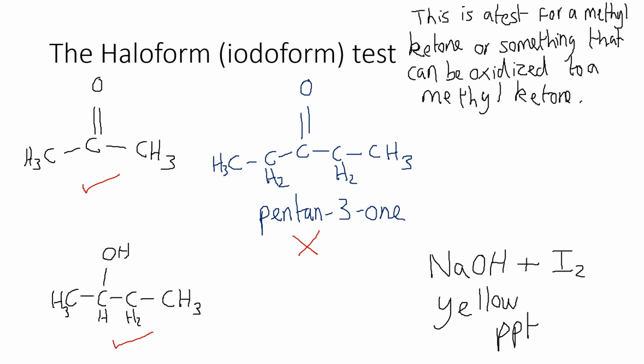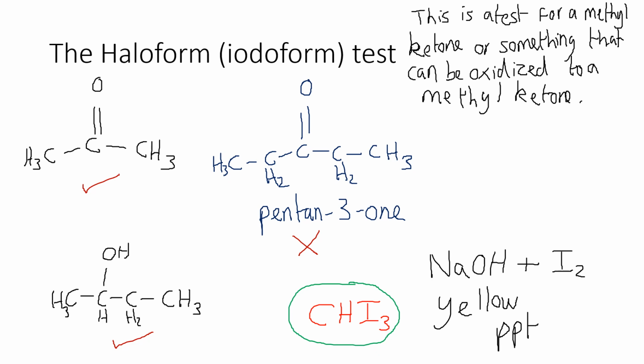And the reason that you get this yellow precipitate is a bit complicated. I'm not going to go into the mechanism of how it happens, but basically your methyl group that's next to the ketone ends up being kicked out of the molecule in the form of CHI3. So basically the hydrogens on the methyl group substitute for iodine, and you end up kicking out CHI3, and it's this CHI3 that is your yellow precipitate.